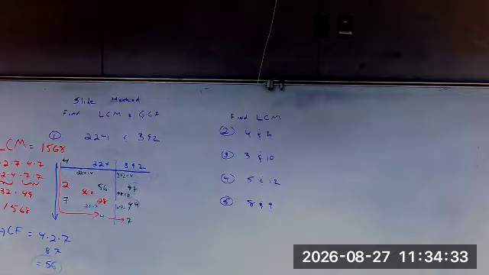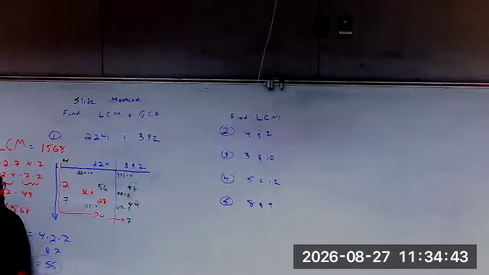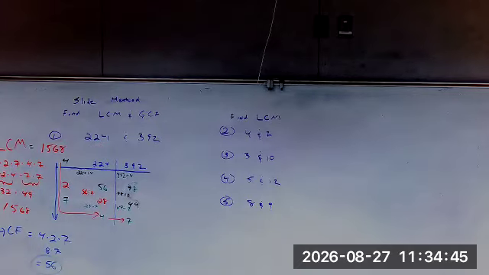Using your words, what does it mean that 1,568 is the least common multiple for 224 and 392? What does it mean that that's the least common multiple?